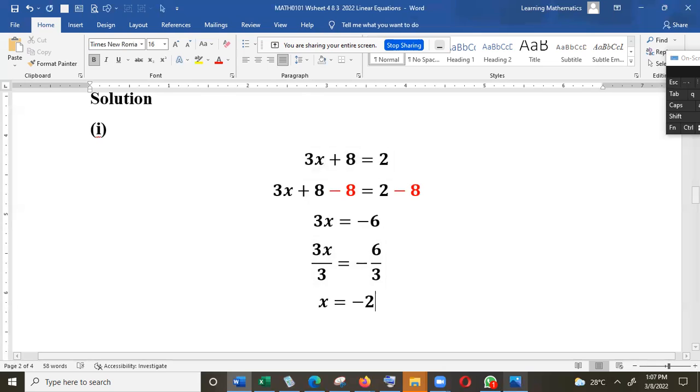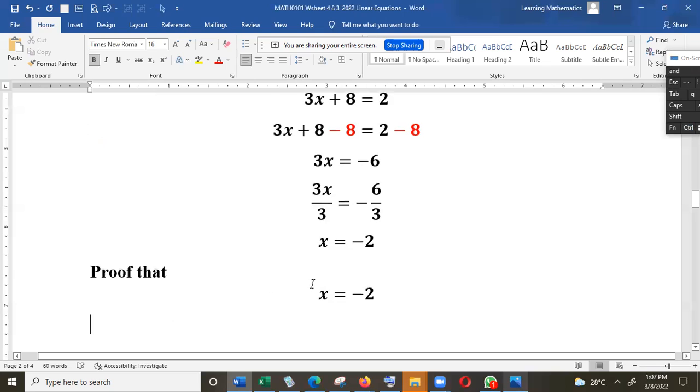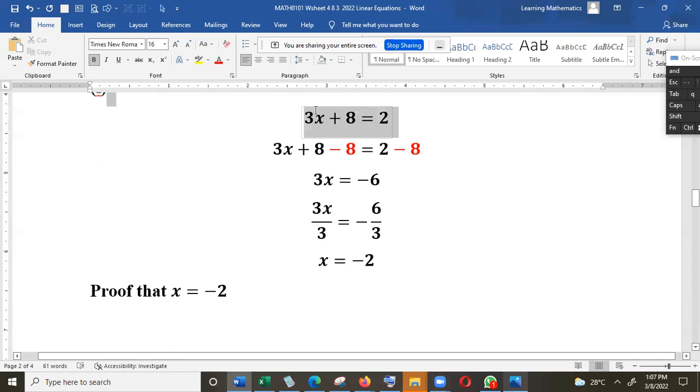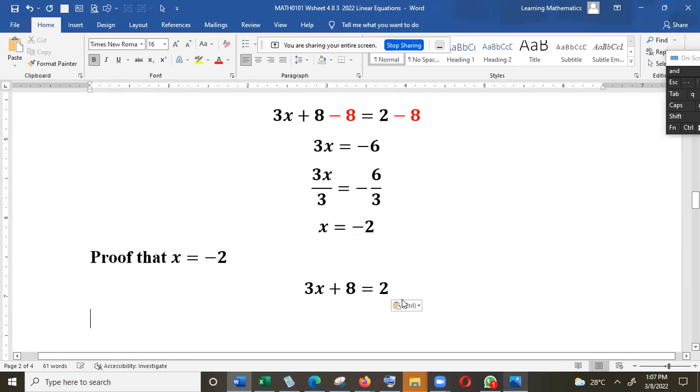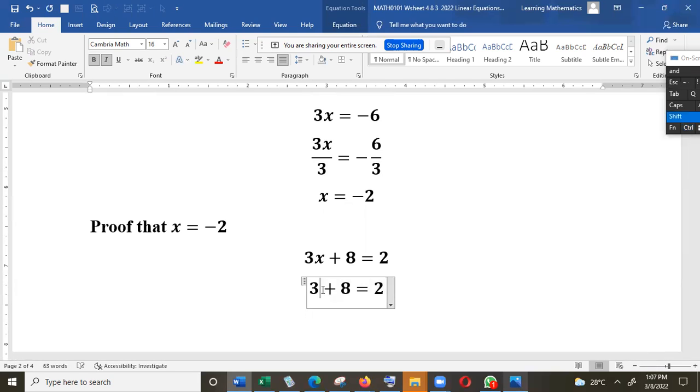So what you can do now as a proof, which is optional, to prove that x is equal to -2, is substitute -2 back into the original equation. Wherever we see x, we put -2.